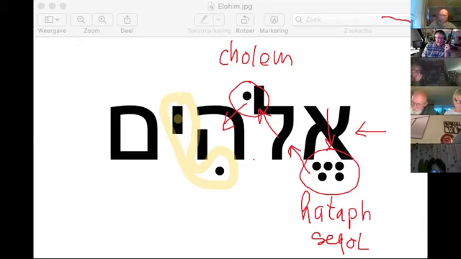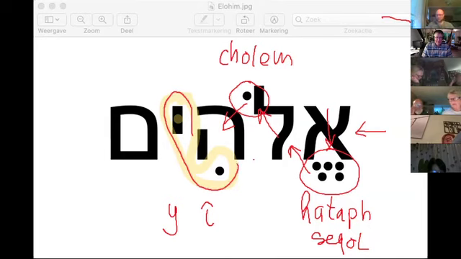But in this case, this is not spelled as a Y, but it is spelled as an I, and I think like this. I'm not sure about that. When you transliterate it, this is one letter. So you get Aleph, Lamed, Cholem, Hey, the E sound, the Cholem, or the Chirek Yud, and the Mem sound.